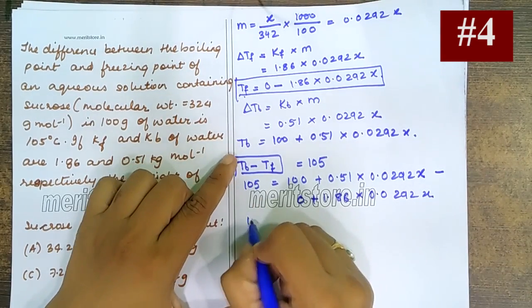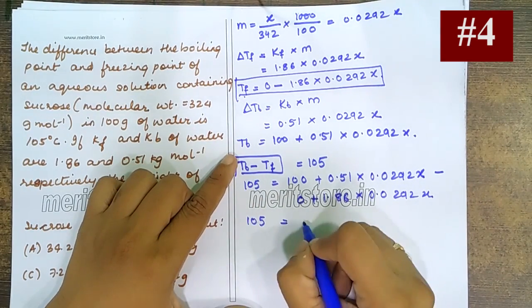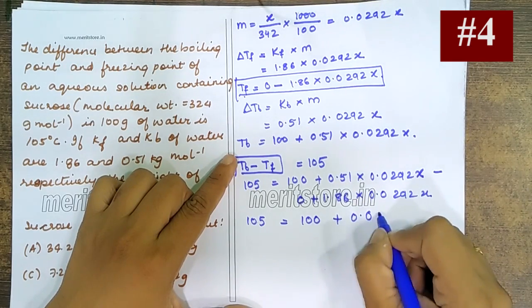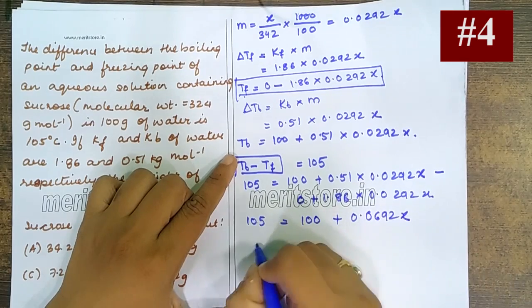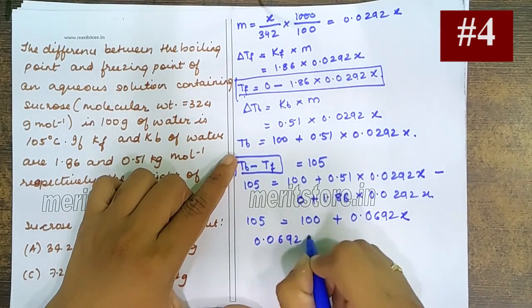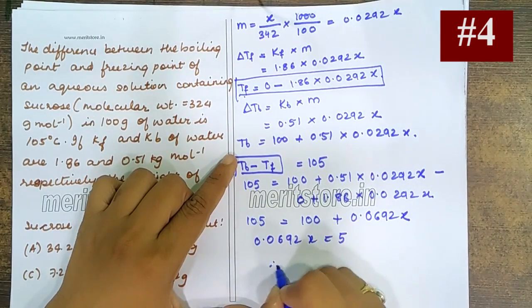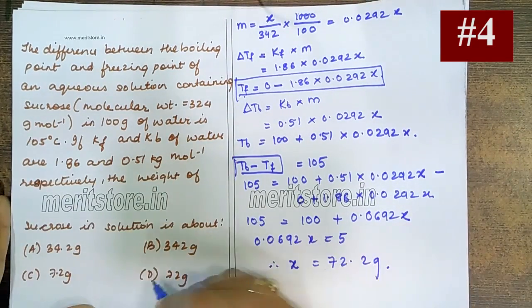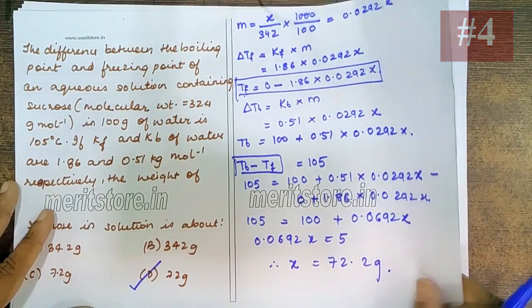When we calculate this, we'll get 100 plus 0.0692x, so 0.0692x is equal to 5. Therefore, x is equal to around 72.2 gram. So our answer is option D.